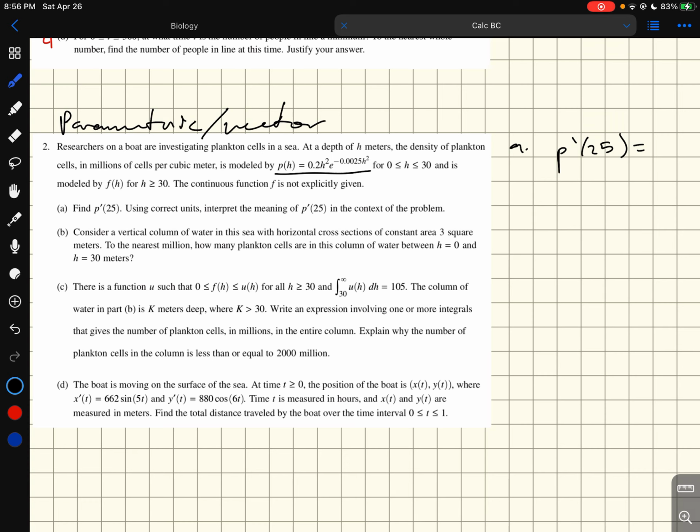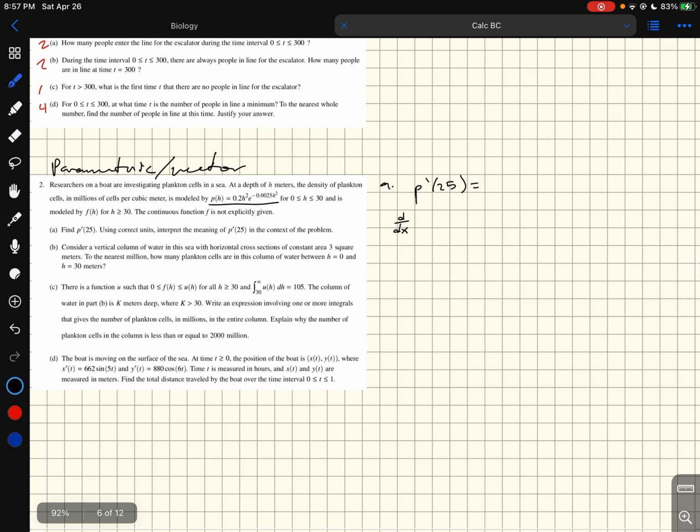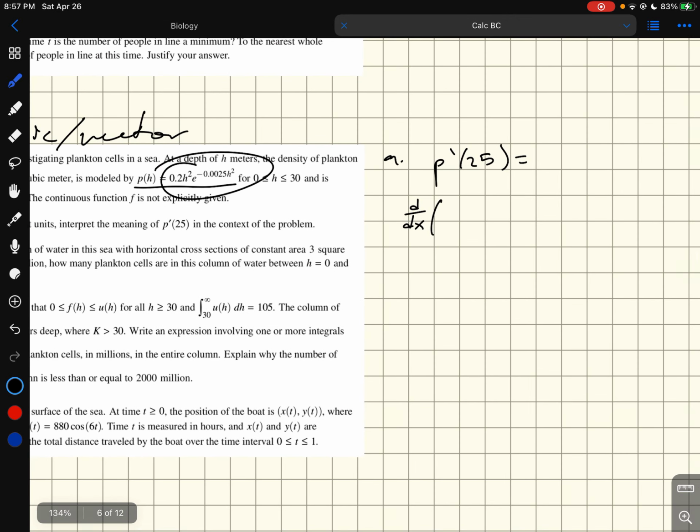So what you're putting in your calculator, let's say you're using Desmos, you're going to write d fraction dx, because that tells the calculator you're doing a derivative. And then you're going to write in your function. So that's this 0.2 h squared.